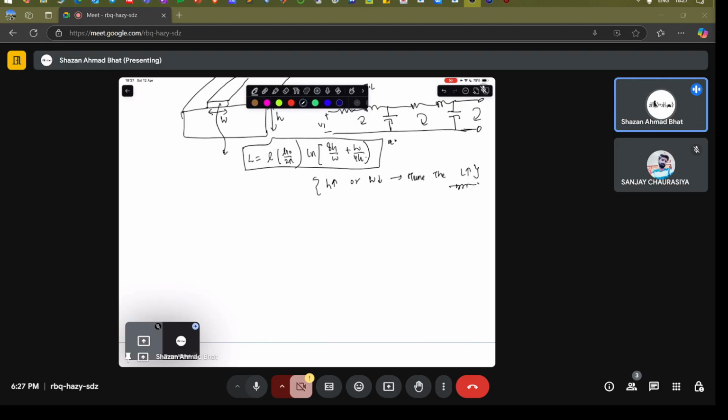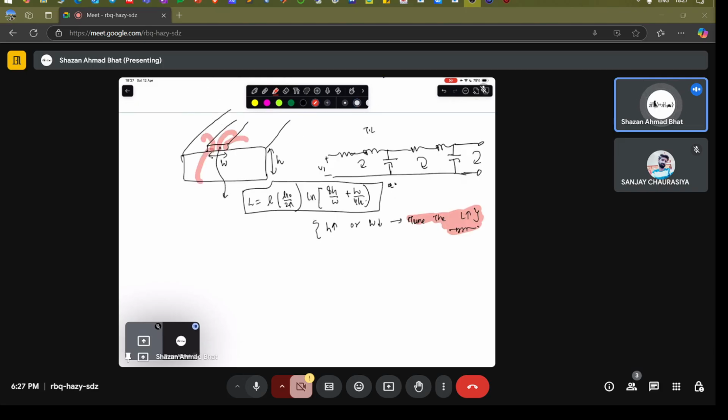So for example, if you have an inductance value which is much less than the capacitance, you can basically have more radiation loss in the air. That is what the tuning of these particular parameters means. If you can tune these parameters, you can control the radiation loss into the air and its penetration into this particular substrate.